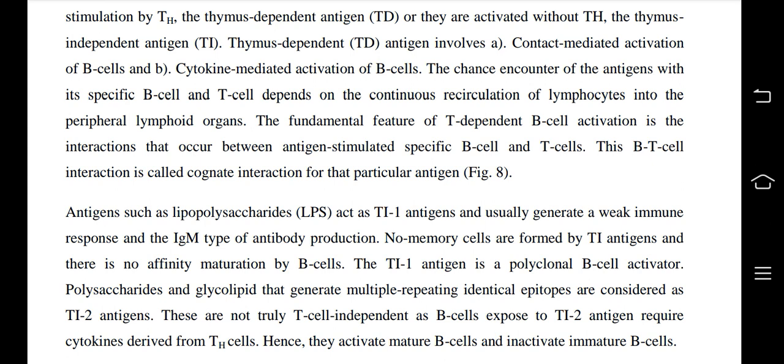The chance encounter of the antigen with its specific B cell and T cell depends on the continuous recirculation of lymphocytes into the peripheral lymphoid organs. The fundamental feature of T-dependent B cell activation is the interaction between antigen-stimulated specific B cell and T cell. This linked interaction is called cognate interaction for that particular antigen.